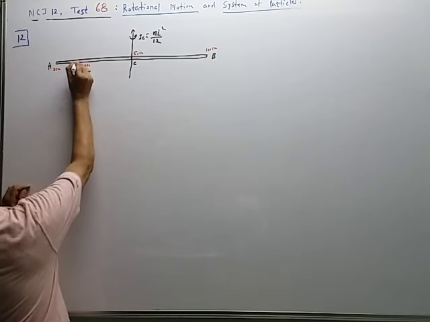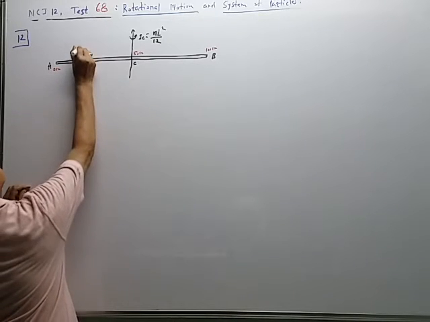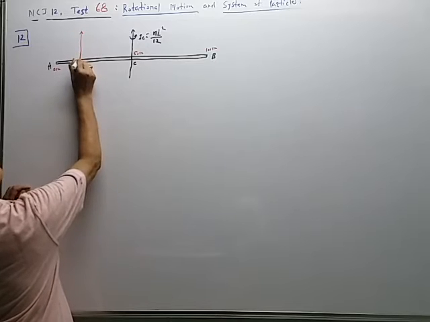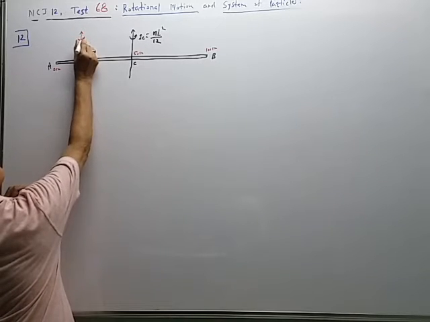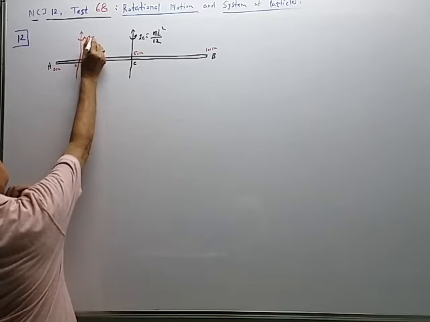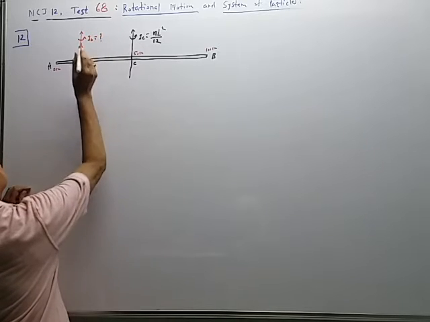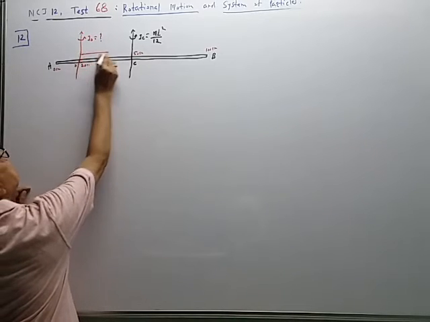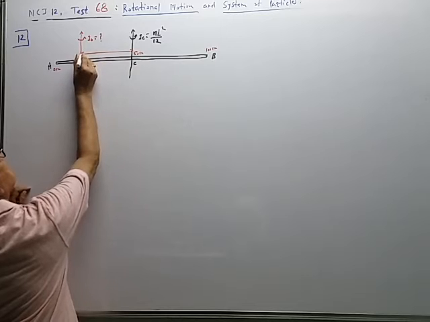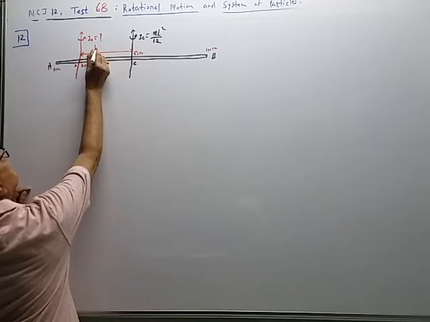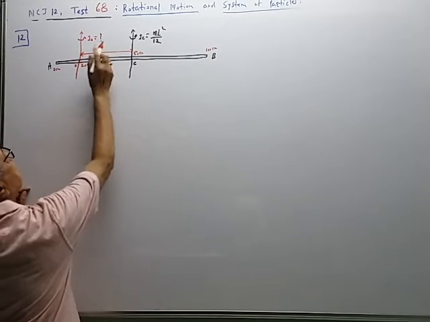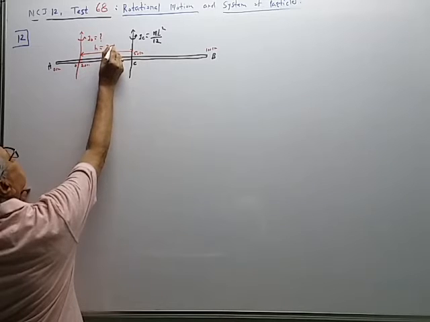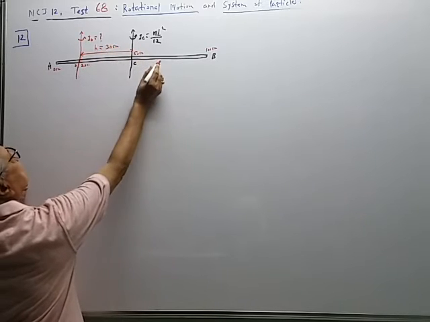This is the point O. We have to find the moment of inertia about the axis passing through the point O at 20 centimeter. So IO is equal to question mark. This is the perpendicular distance between the two parallel axes. It is denoted by H, and this H is equal to 50 minus 20. It is 30 centimeter away from the center of mass.